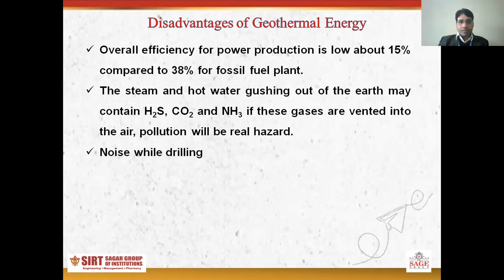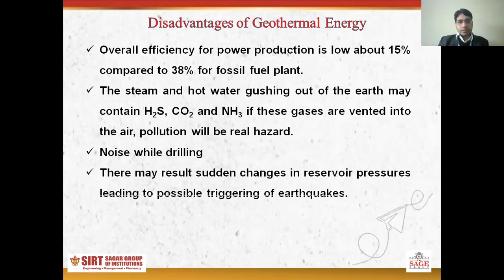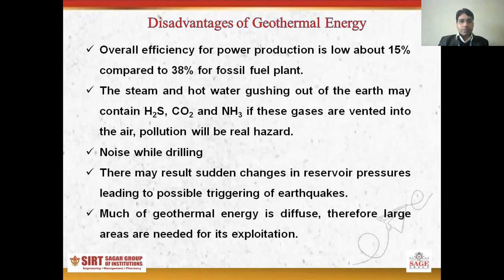Noise while drilling is also one of the disadvantages, and there may be sudden changes in the reservoir pressures, leading to the possible triggering of earthquakes. And the last one is that much of geothermal energy is diffuse. Therefore, large areas are needed for its exploitation.